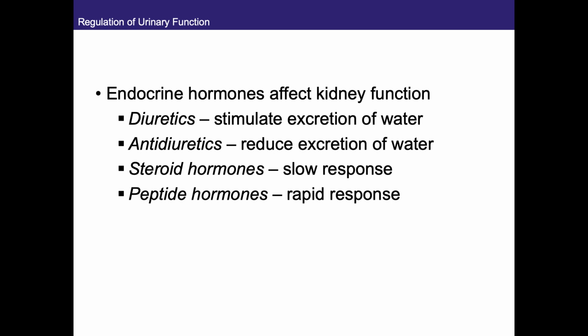An antidiuretic is the opposite. An antidiuretic allows you to concentrate urine. It reduces the excretion of water by allowing your body to reabsorb water and deliver it back into your circulatory system, interstitial fluid and circulatory system. So an antidiuretic reduces excretion of water and allows you to concentrate urine.